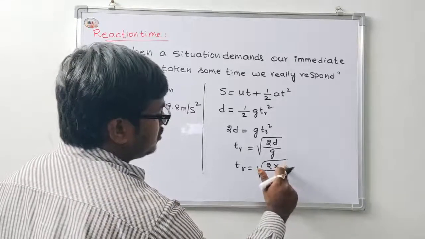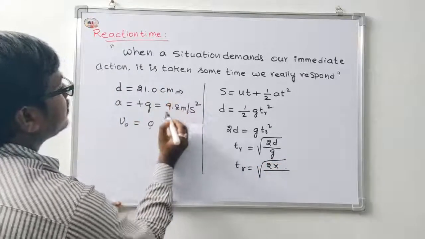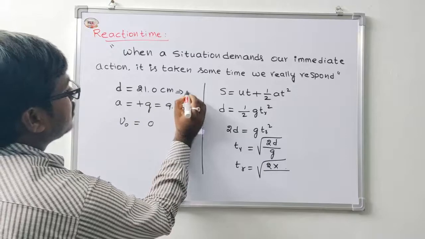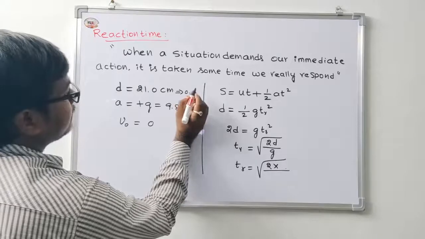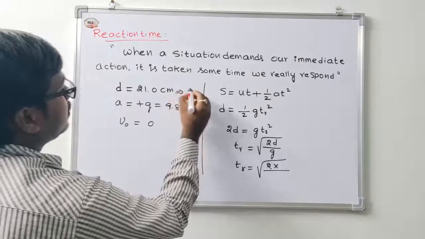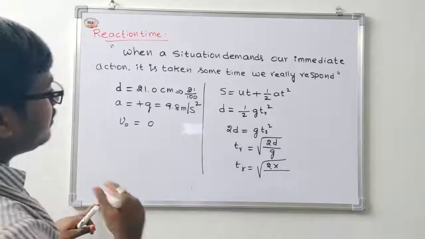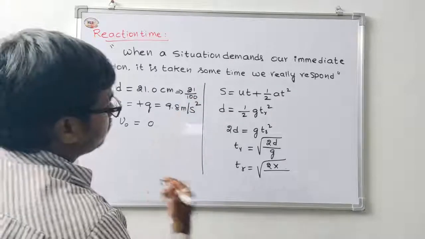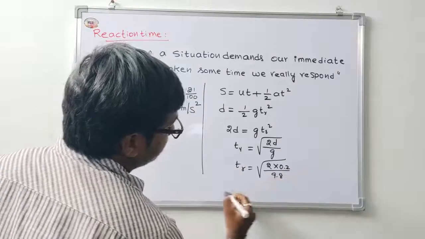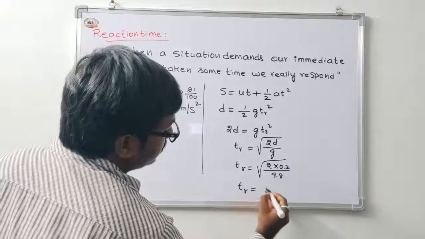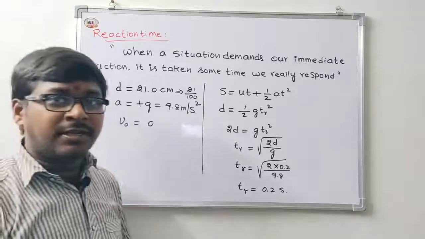This is 21 centimeter, so convert to meter: 21 by 100, that is 0.21, divided by 9.8. So approximately t r is equal to 0.2 seconds. This is the reaction time.